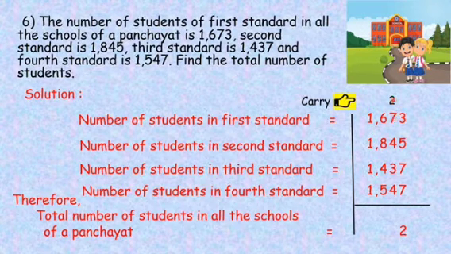Now 7 plus 2 is 9, 9 plus 4 plus 3 plus 4 gives us 20. So 0 at the bottom, 2 carried over.